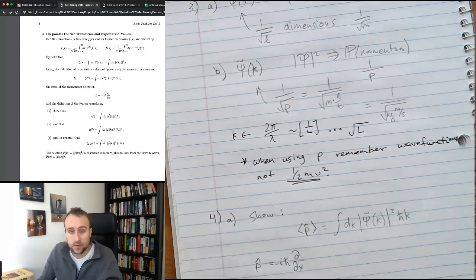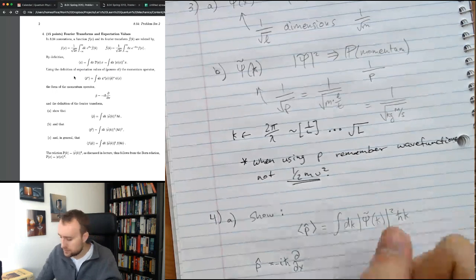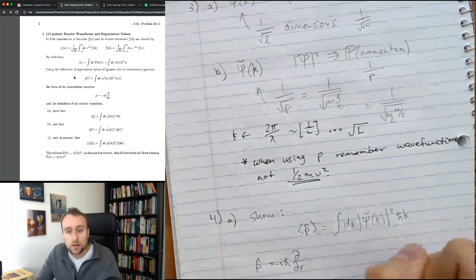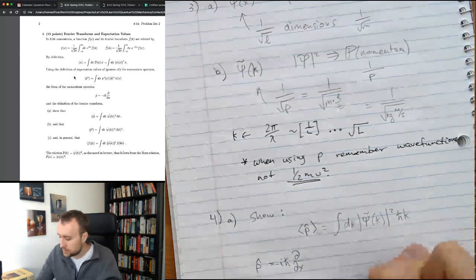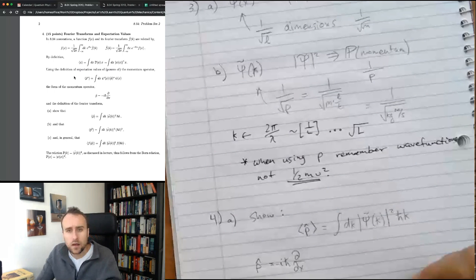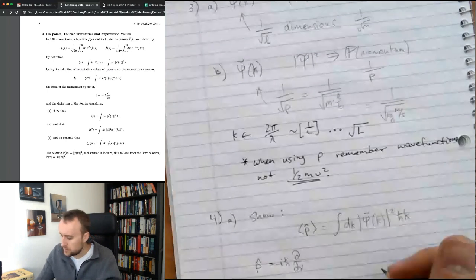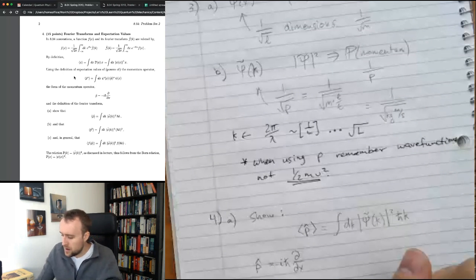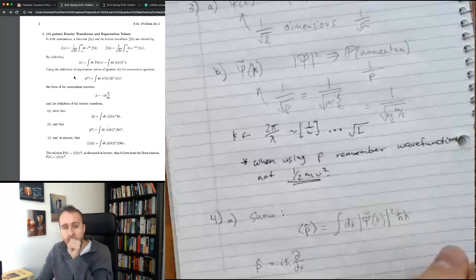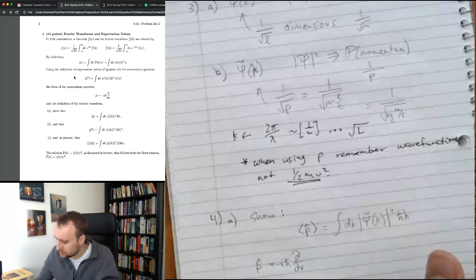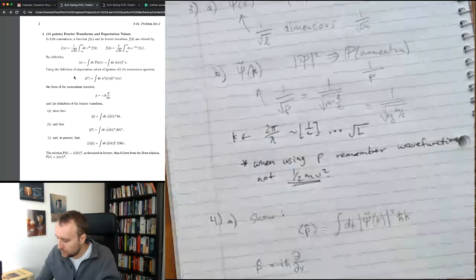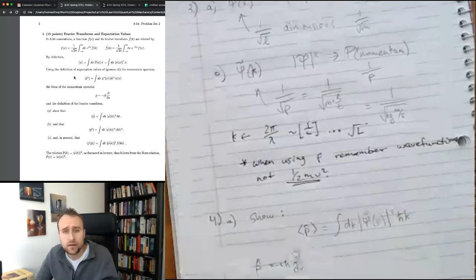So let's just start with A. So this is going to be P hat to the 1 is equal to, the complex conjugate of psi, P hat, oh, excuse me, psi. So we can just insert that into there.